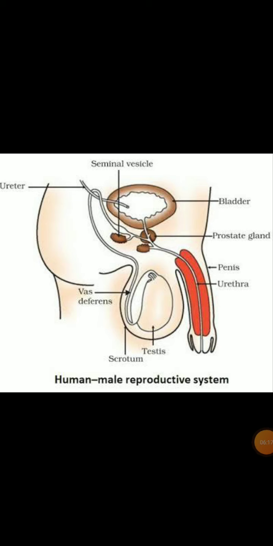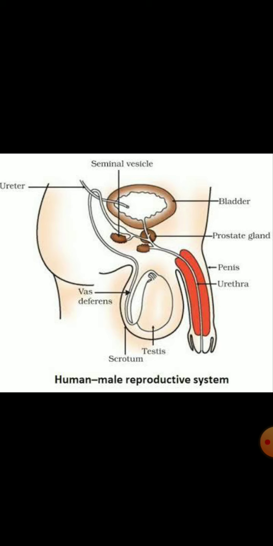So in the figure, look at the bottom part where testes are located in the scrotum. In the testes, the sperms will be formed. Now, from testes, the sperms will be transferred through a tube-like structure which is coming out from the bladder. So, these testes will transfer the sperms by this vas deferens, and where will it go?